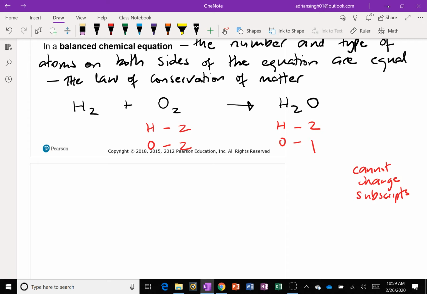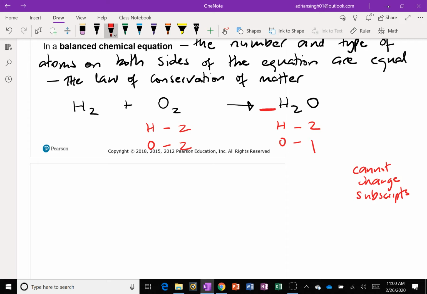So how can I make 2 O's on the right side? Can I put a 2 right in the middle, like so? You think that makes sense? No, right? That's a violation of all sorts of things. You can't just stick a number in the middle of the chemical formula. The only thing you can do is to put a number in front of the entire chemical formula.